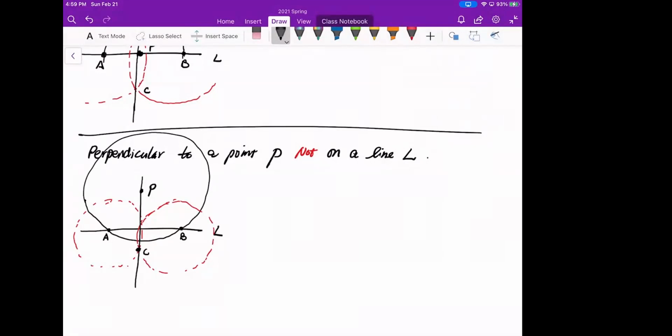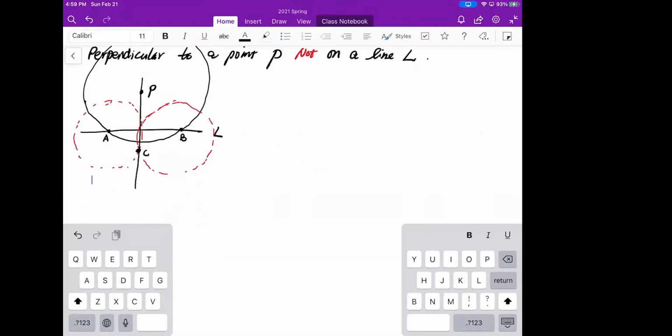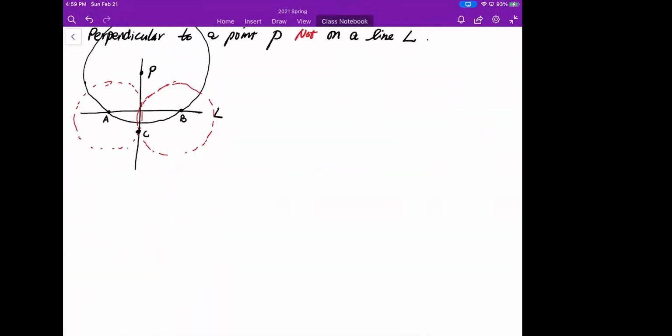Well, to prove this is actually very straightforward. I can just write it down quickly. There are two steps, using congruent triangles. So, proof. All right, I'm going to prove it.